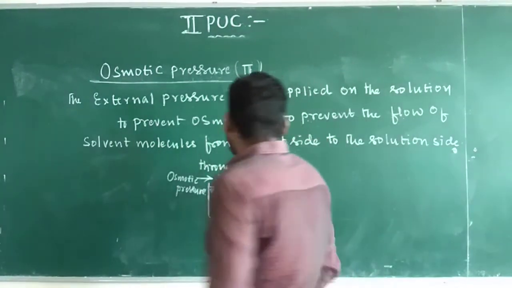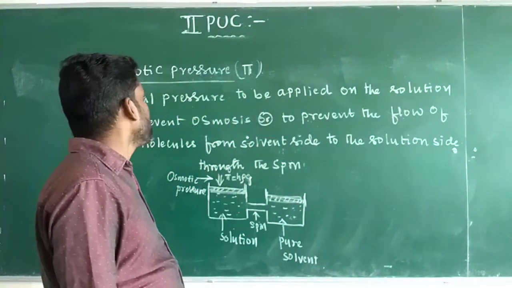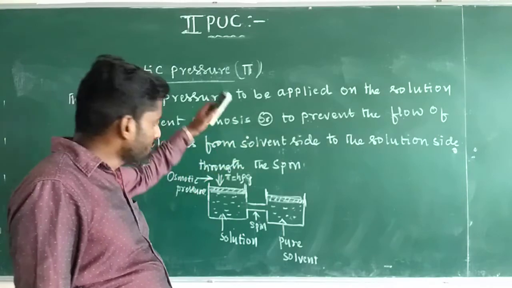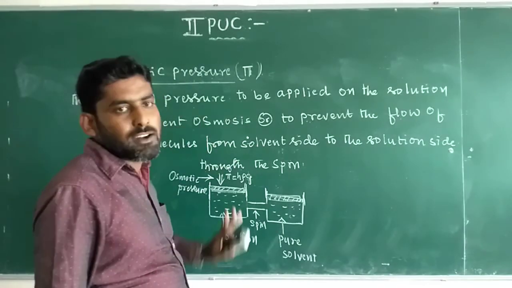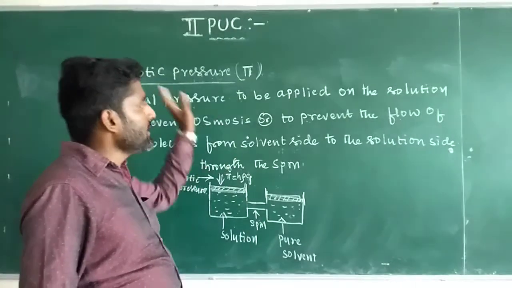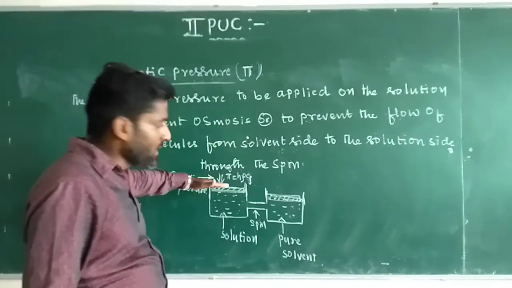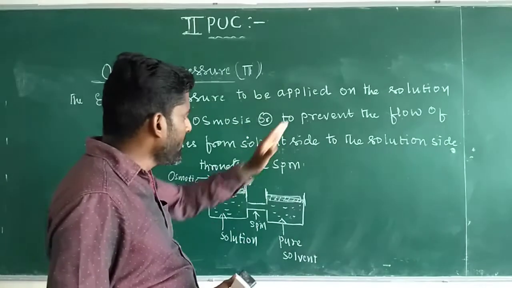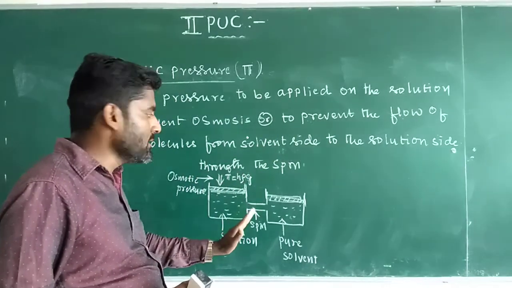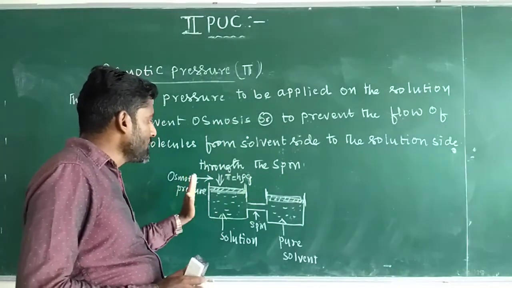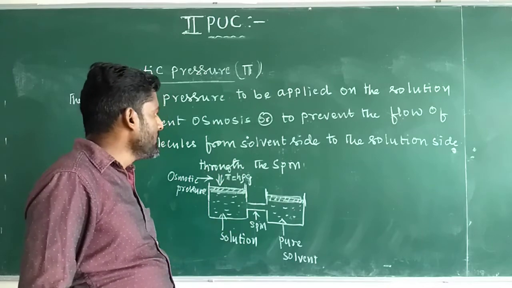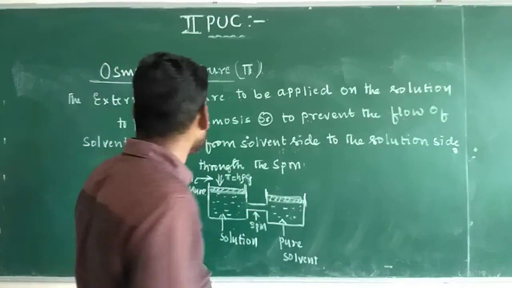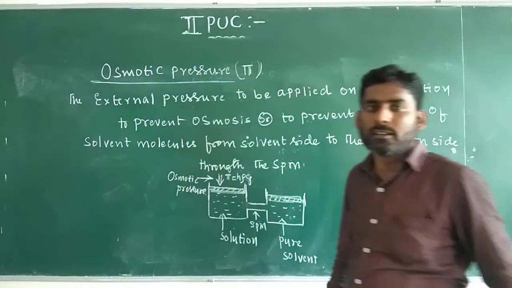So that is the external pressure to be applied on the solution to prevent osmosis, or to prevent the movement of solvent molecules from solvent to the solution side through the semi-permeable membrane, is called osmotic pressure.